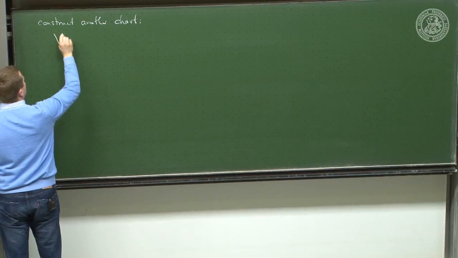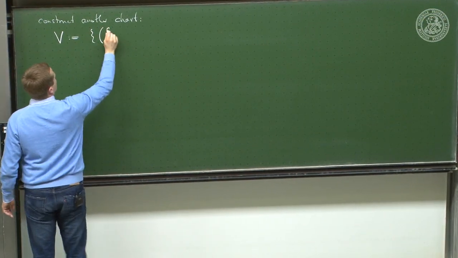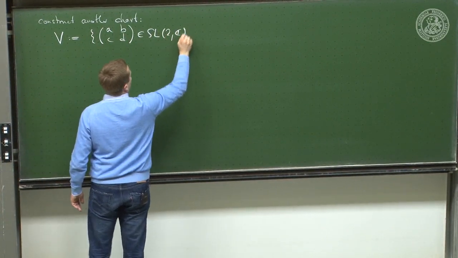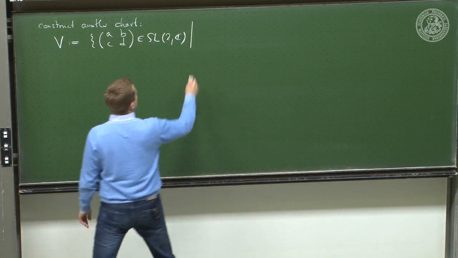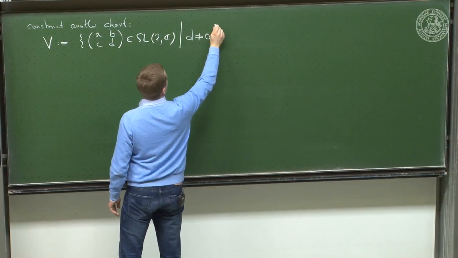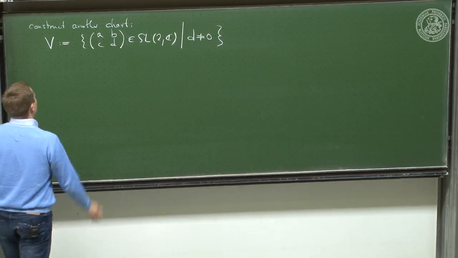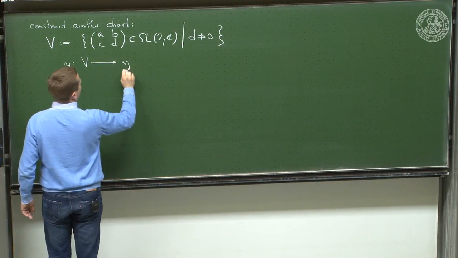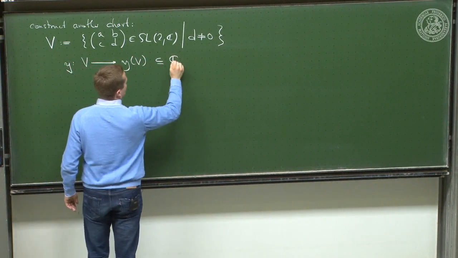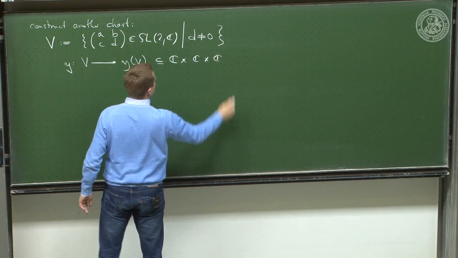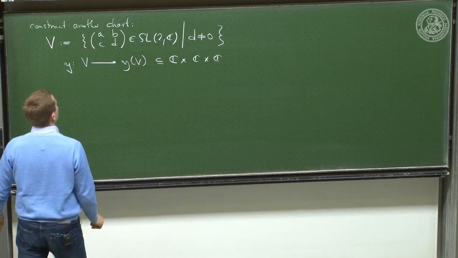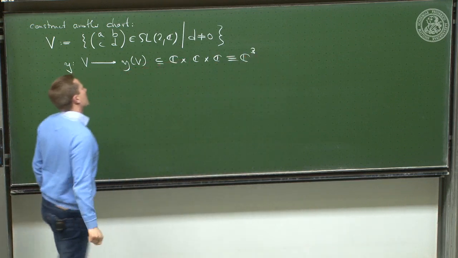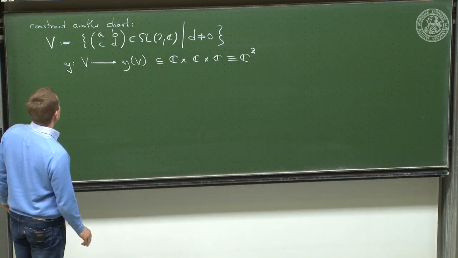So let's call that chart V, and that is A, B, C, D in SL2C. And now I let the D be non-zero. And now my chart map, let's call it Y, from V to Y of V, which is certainly a subset of the threefold Cartesian product of C, be defined as follows.